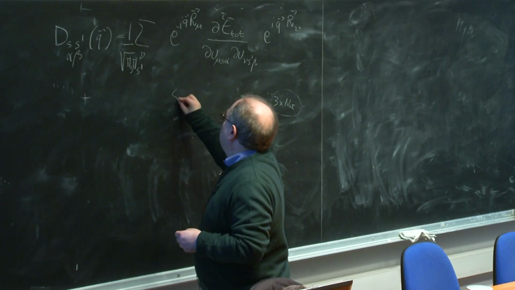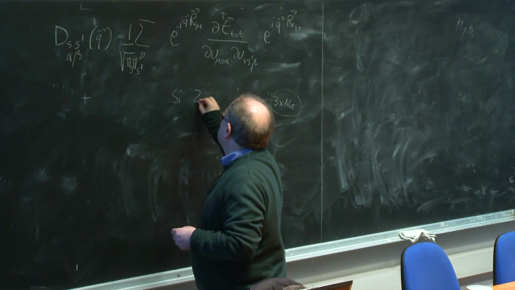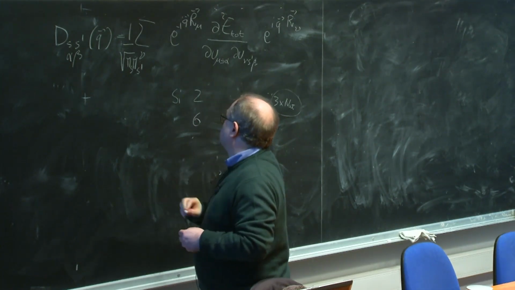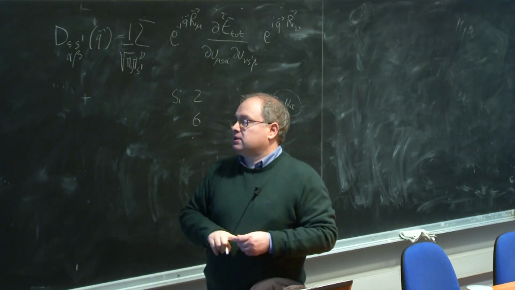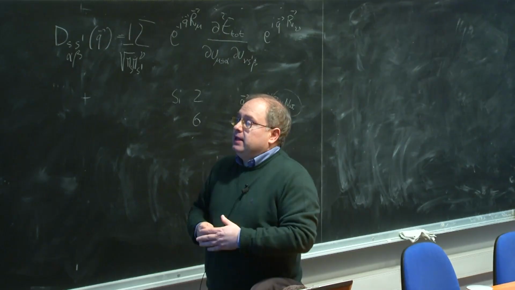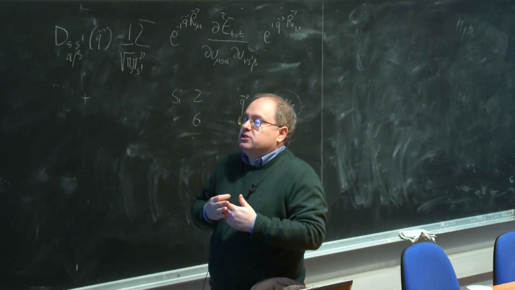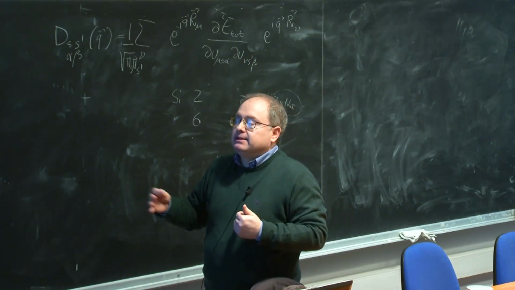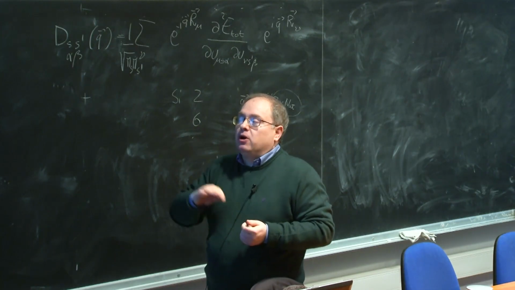We will do the example of silicon that has 2 atoms, so there will be 6 modes: 3 multiplied by 2 is 6, and 6 frequencies for each Q. And in principle, if you repeat this procedure for all the Q along a path in the Brillouin zone, you can plot a dispersion.